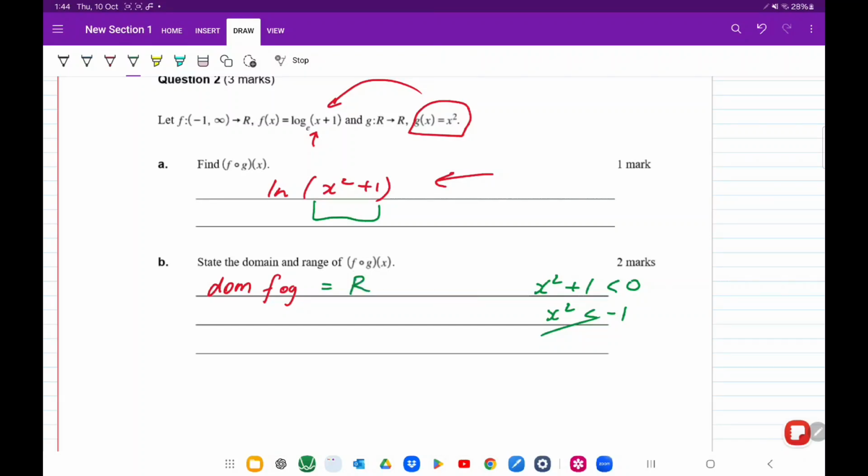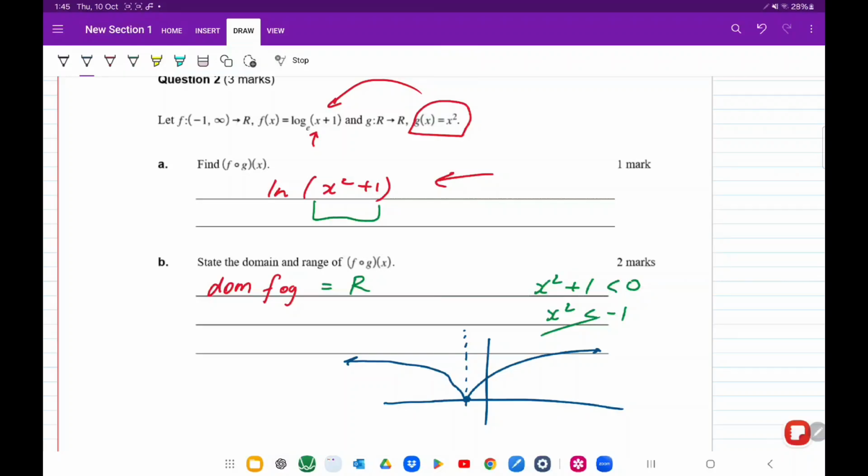Now, since we've got all real numbers as a potential domain, we need to investigate the range. Now, this graph, if we imagine it, it's going to look something like this. And since there's an x squared factor, there'll be a point at, for example, x equals 0 where it has a value of 0, but then it reflects off that way as well.